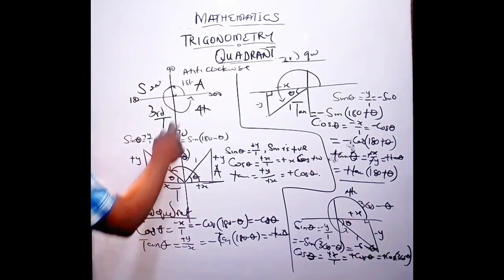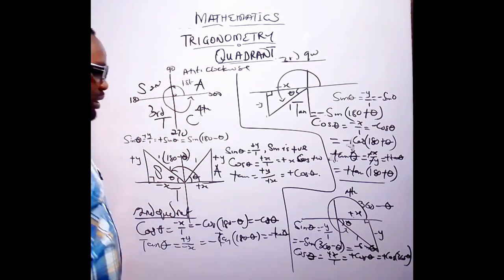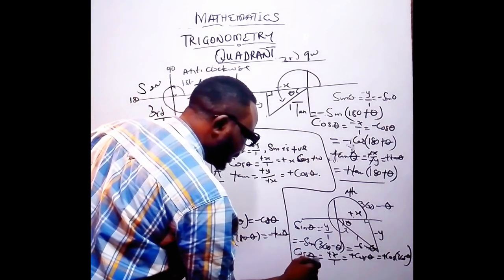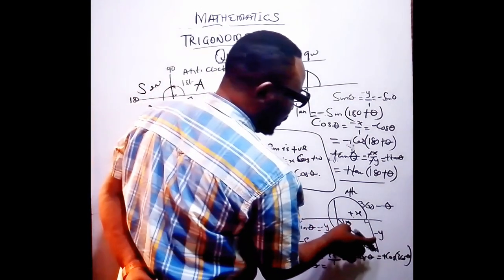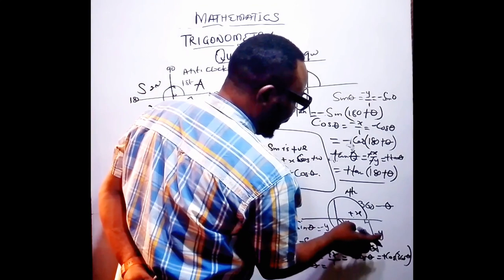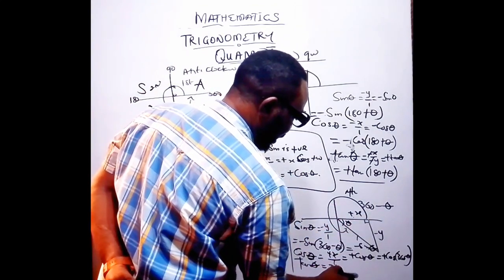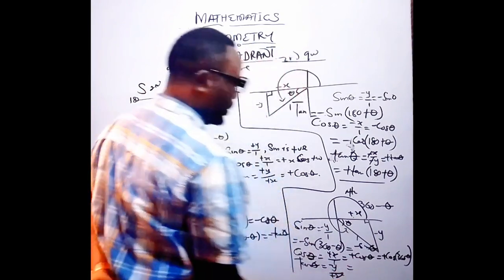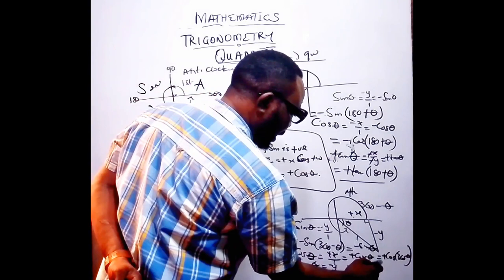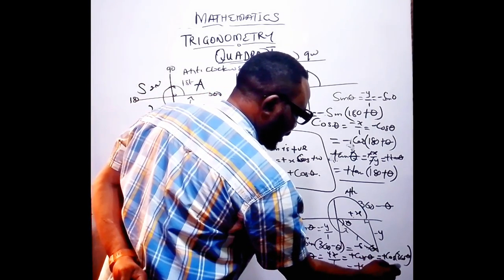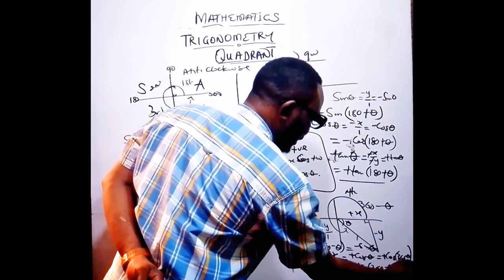So at this fourth quadrant, cosine is positive. Let's check the tangent. Tan theta here will be opposite over adjacent, that's minus y over plus x, which is going to be equal to minus tan 360 minus theta, which is equal to minus tan theta.